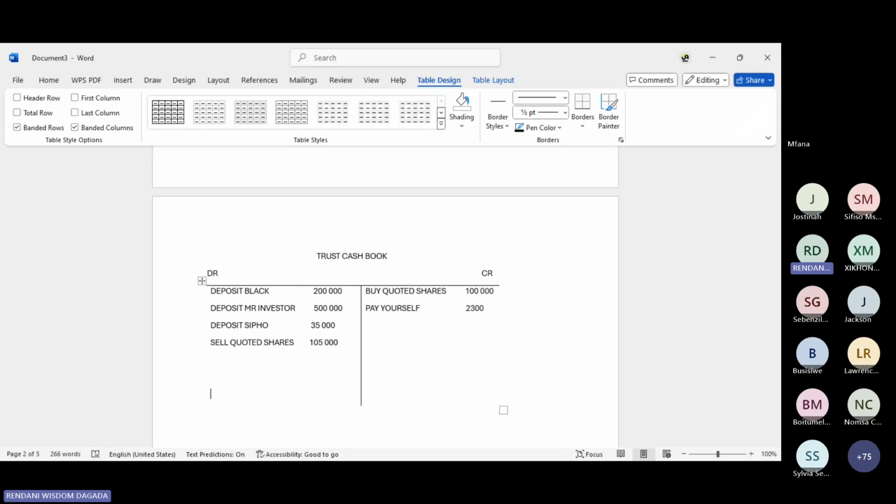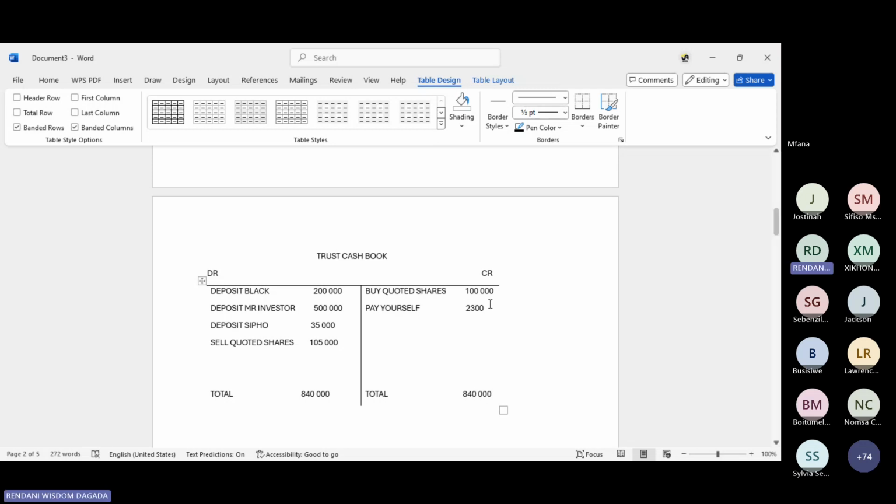You're going to add everything on the debit side, 200,000 plus 500,000 plus 35,000 plus 105,000. That is going to give you a total of 840,000. So this total, you're going to use it on both sides. Total 840,000.